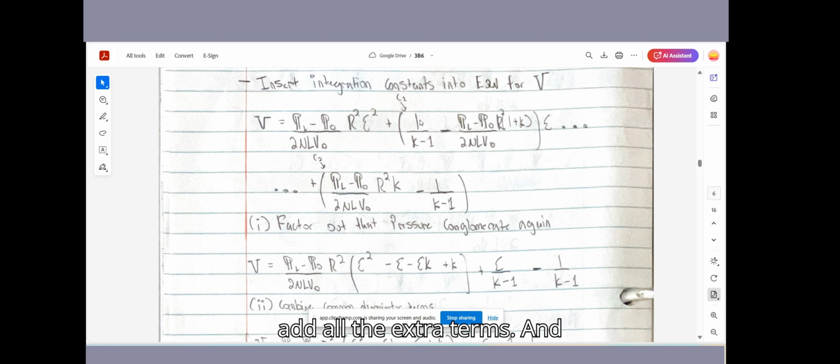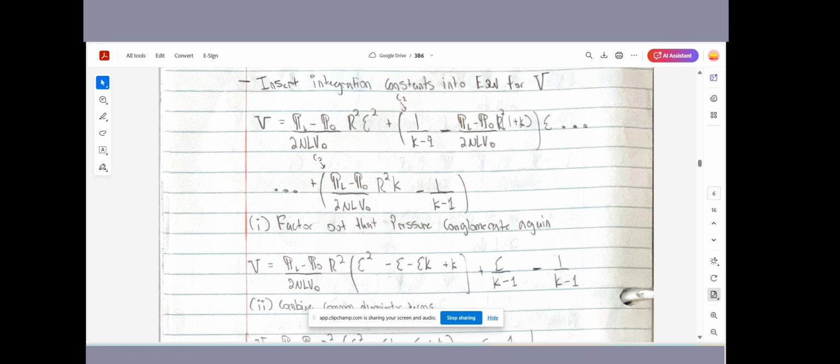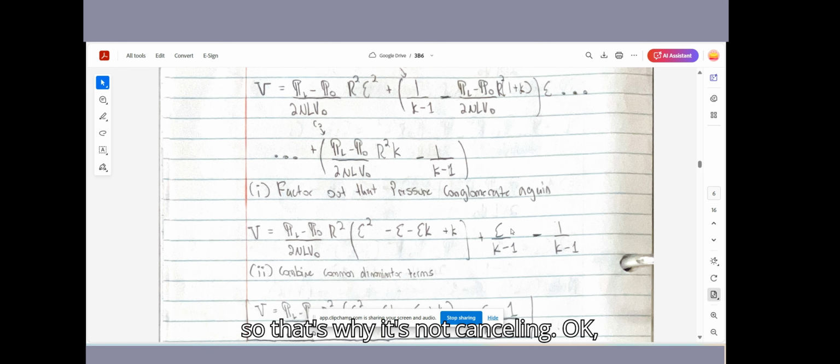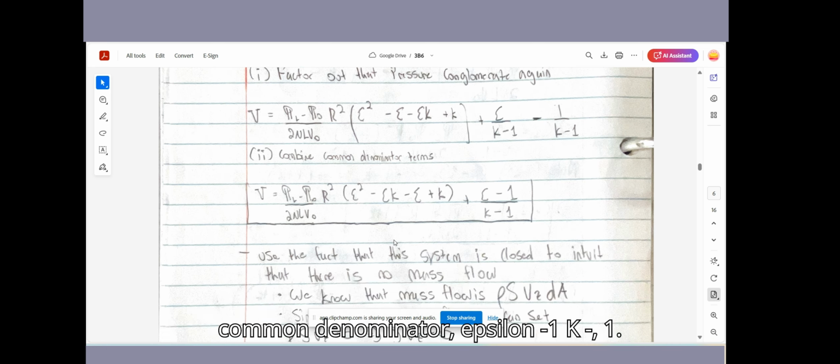And then you just add all the extra terms. I think these cancel. This looks like it cancels here, but I know, because it's multiplied by epsilon, so that's why it's not canceling. Okay, so combining common denominators. I'm just combining these two terms here because they have a common denominator, epsilon minus 1 over K minus 1.